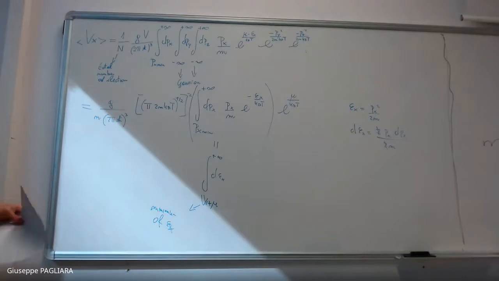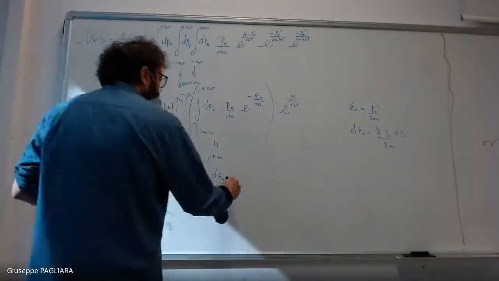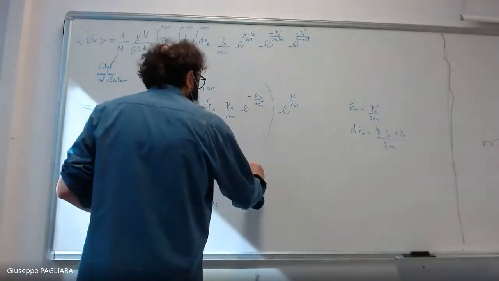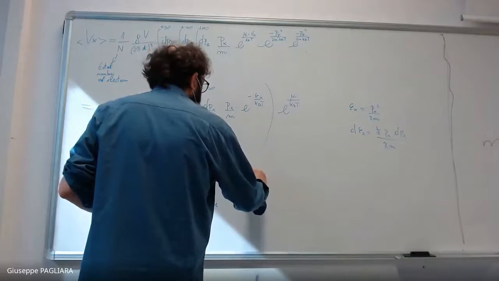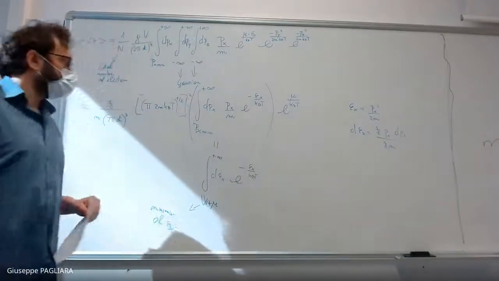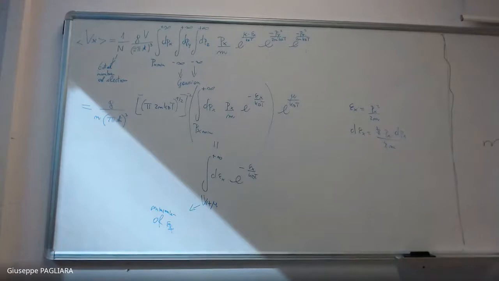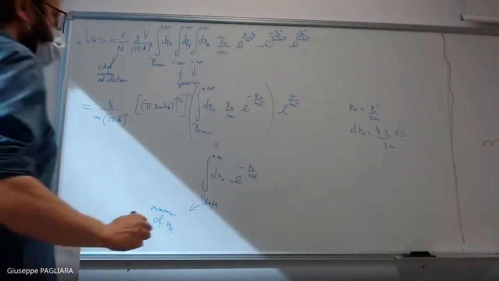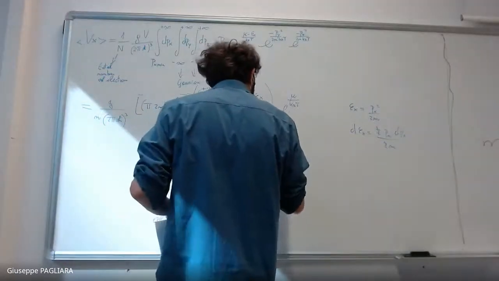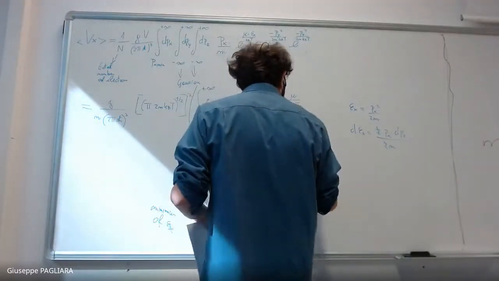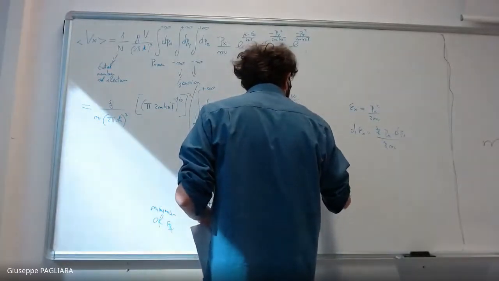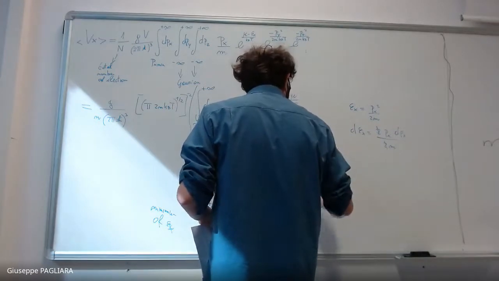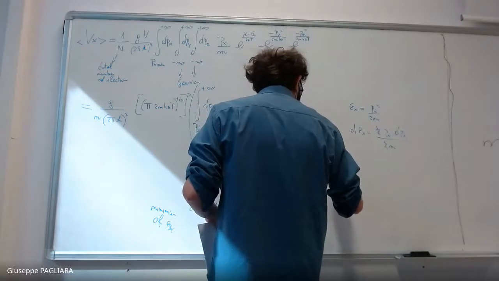Then I have just the exponential of epsilon x divided by kbt. Good. Now I can do this integral. So this e to minus epsilon x divided by kbt, then I have a minus kbt.